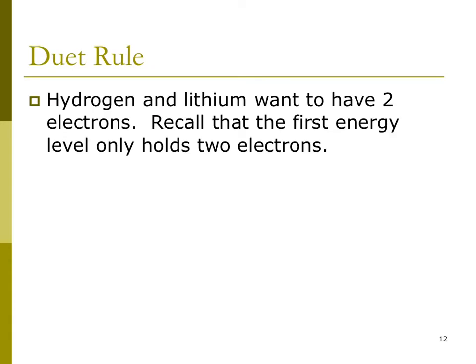There's actually something called the duet rule as well, which is exactly what it sounds like. Very similar to the octet rule, saying we want to get 8 valence electrons, but the duet rule would refer to atoms that want 2 valence electrons. This would include hydrogen with an electron configuration of 1s1, which would like to gain 1 more electron to become a complete 1s2, and also lithium, whose electron configuration is 1s2, 2s1.